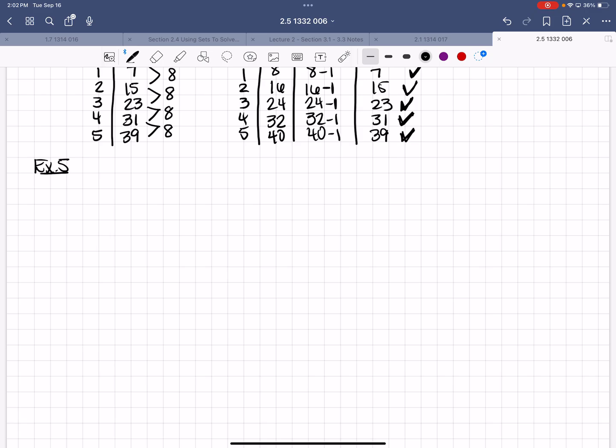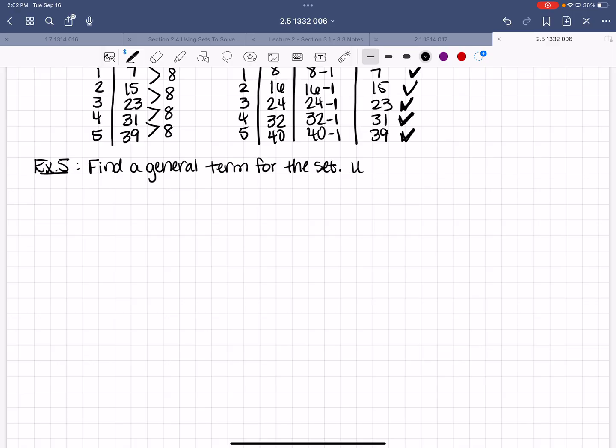Okay. Example 5 says find a general term for the set.